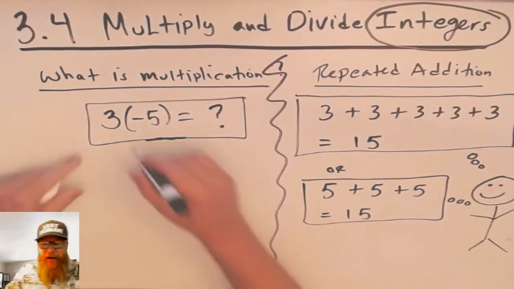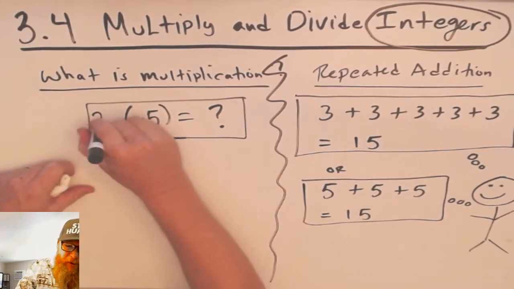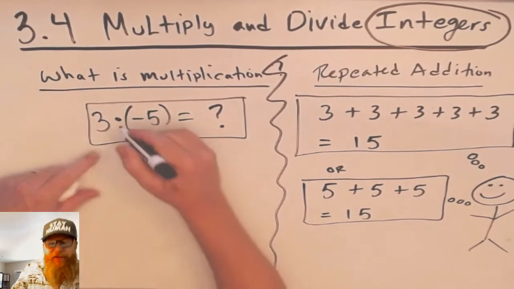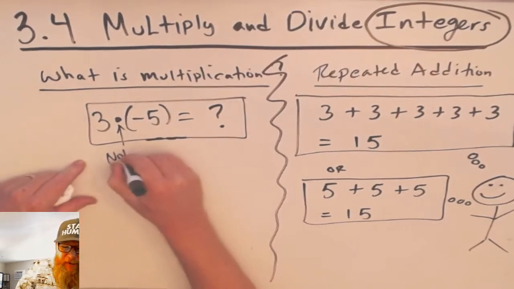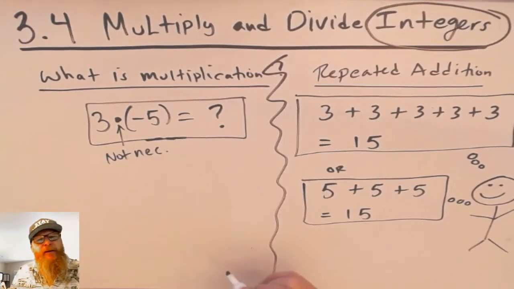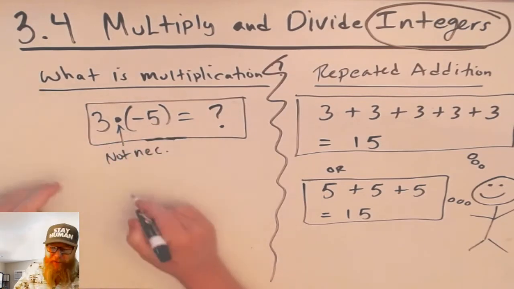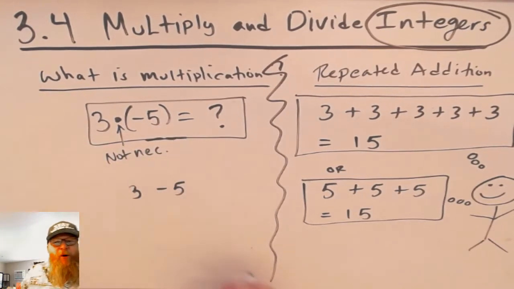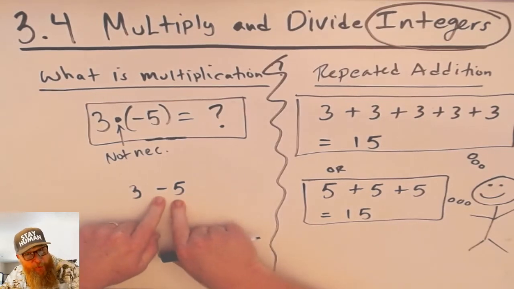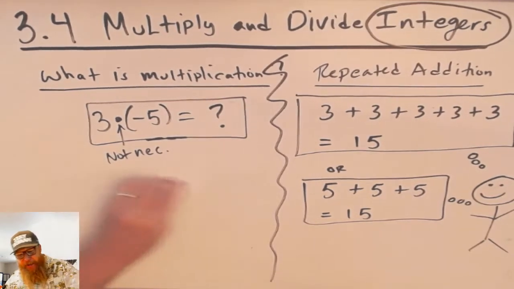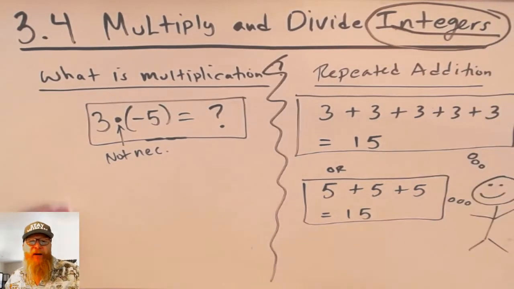Now I could use a dot, although if I'm using parentheses, then the dot is not necessary. Notice if you're not using parentheses, the dot would be very important because you don't want it to look like subtraction. So the parentheses are very important. Whenever we're talking about negative numbers, we're going to need the parentheses.